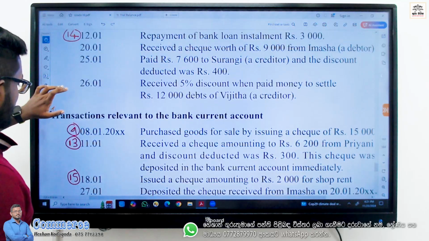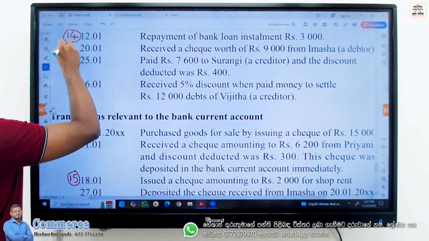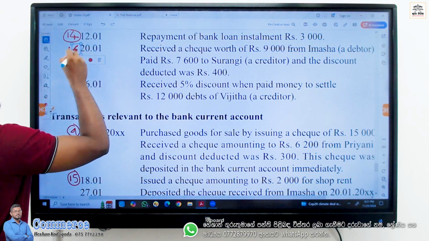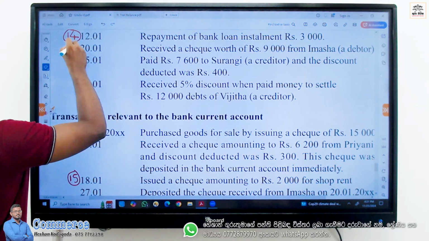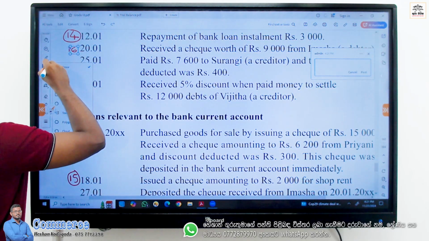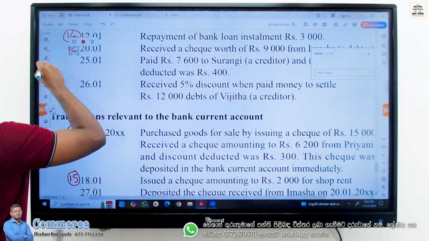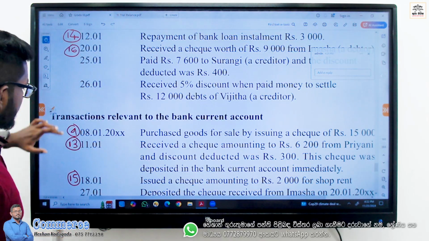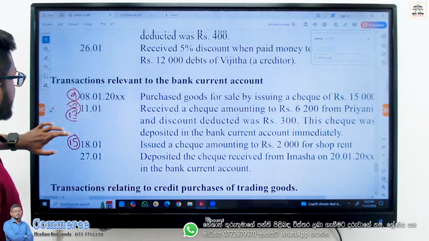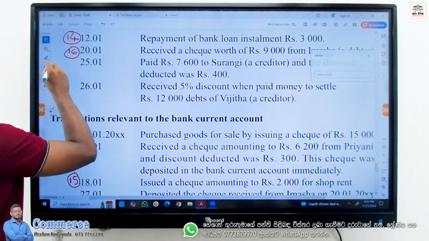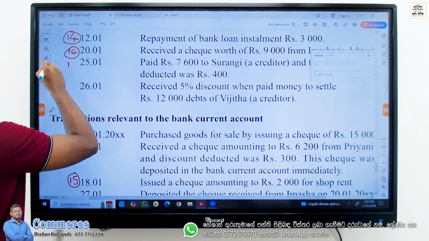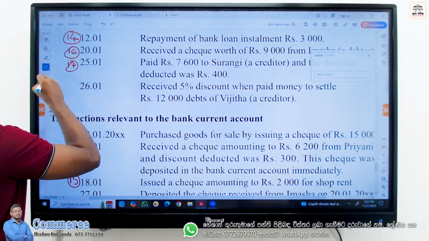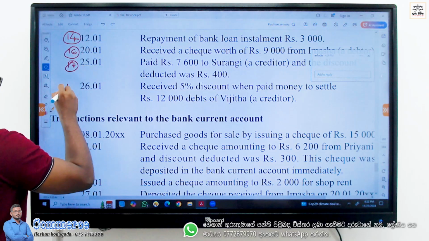Then the 20th is number 16. Then 17, then 18 in the same way.